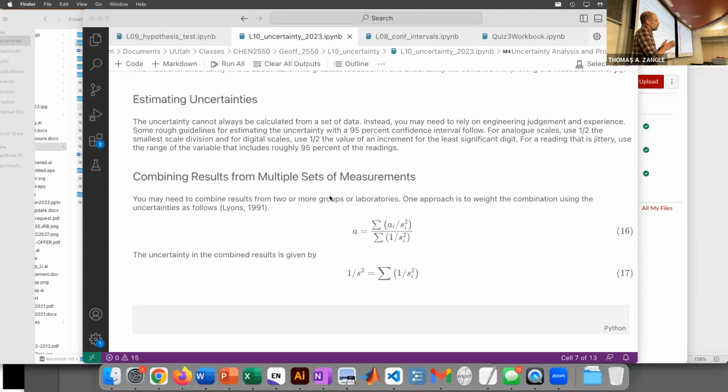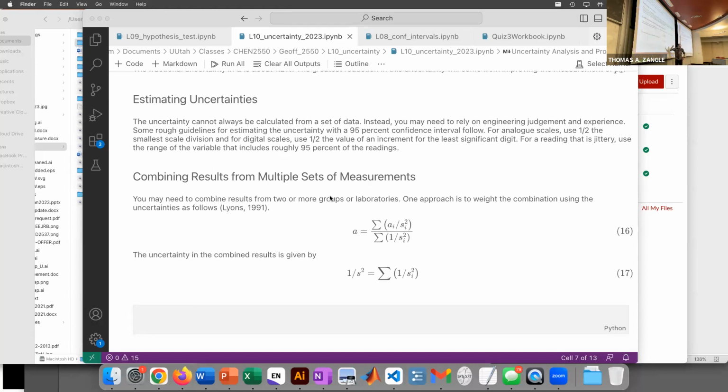Okay. So we took a little bit of a diversion from hypothesis testing to talk about uncertainties, because again, just to review, a few lectures ago, we discussed how to compute 95% confidence intervals, knowing what the underlying distribution of the data is. We can estimate 95% confidence intervals on measured values from data.